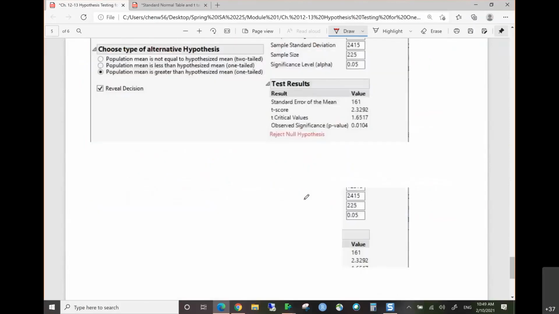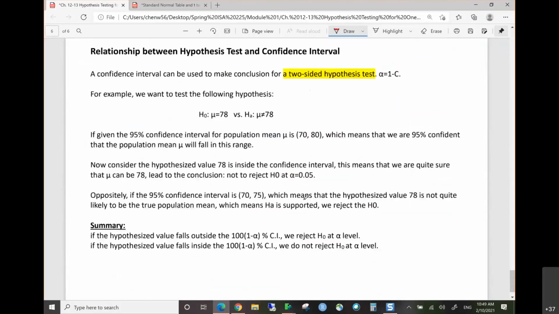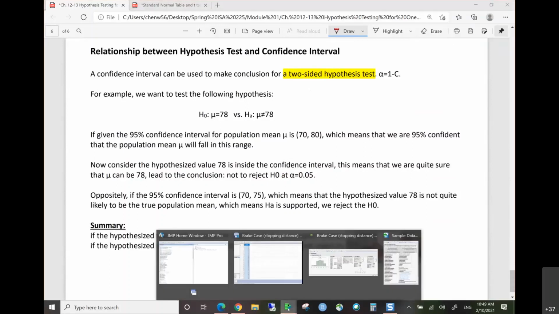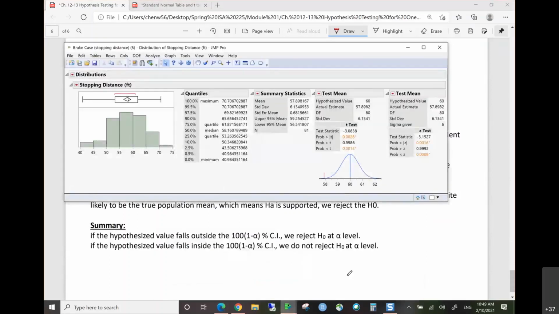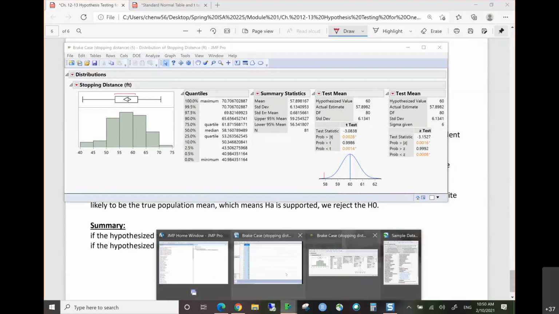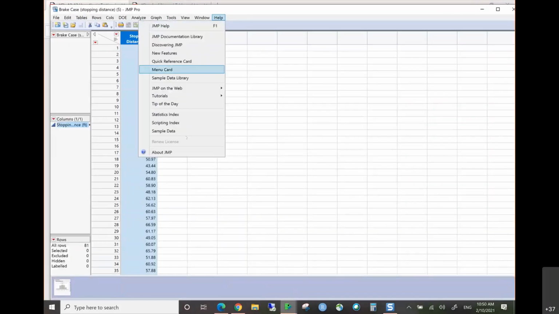All right, and excuse me, yes. So when you were choosing on that little window that came up, why did you choose population mean not equal to hypothesized mean, like two-tailed, instead of doing a one-tailed for greater than? You mean, a second, I have already closed that.